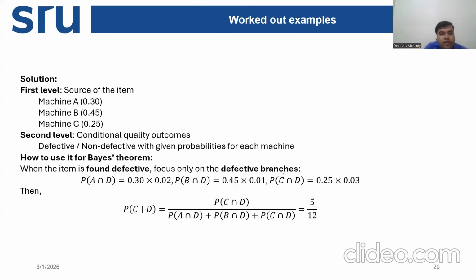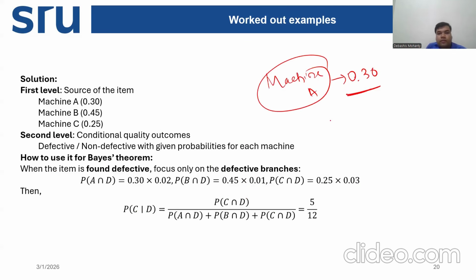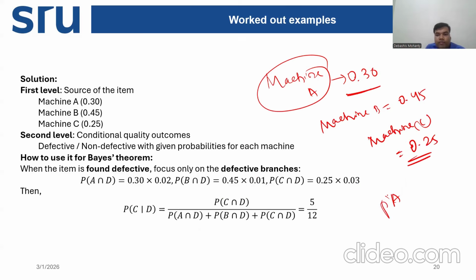So coming to the solution, what is the probability we need to calculate? The machine A, that is 0.30. Machine B, that is 45%, means 0.45. Machine C, that is 25%, means 0.25. Okay, so we need to apply the Bayes formula. Probability of A intersection D equals 0.30 multiplied by 0.02.